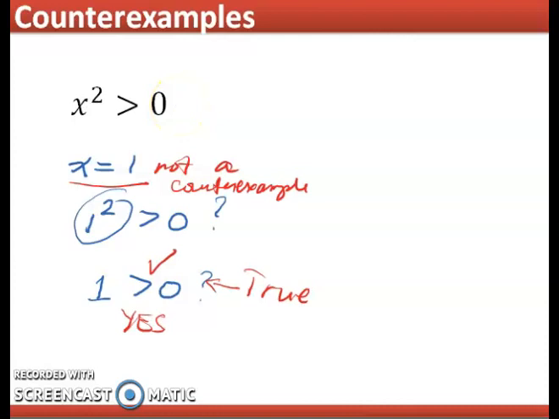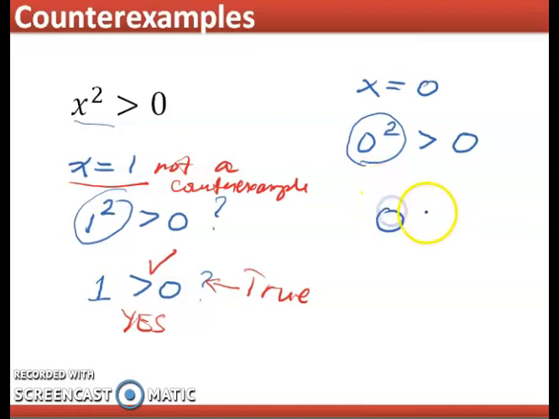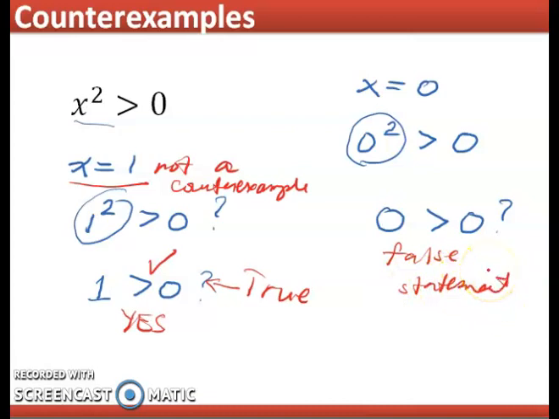Alright? Let us try another one. Let us try x is equal to 0. So, this one will become 0 squared is greater than 0. Alright, so 0 squared is 0 times 0. So 0. Is 0 greater than 0? And this one is a false statement, because 0 is always equal to itself.